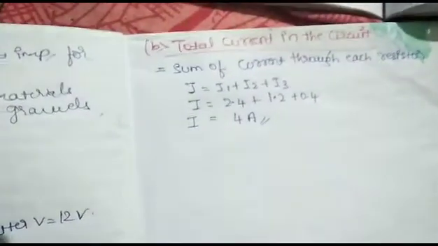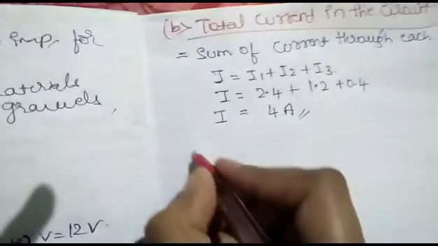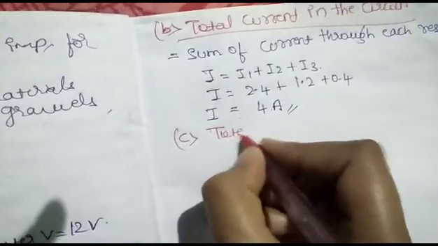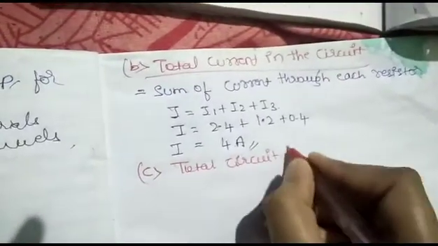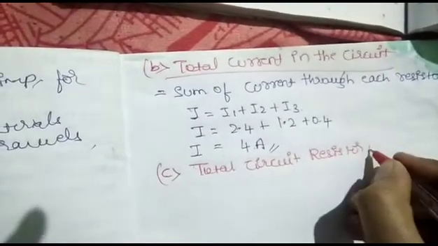So now let us solve the C1 question, that is to find the total circuit resistance.